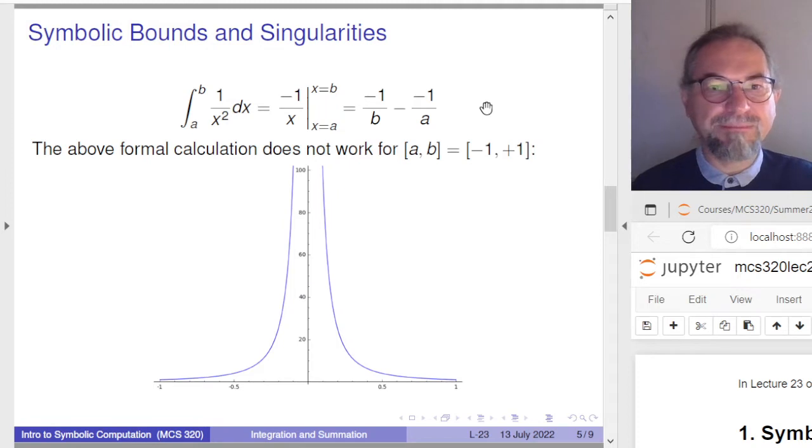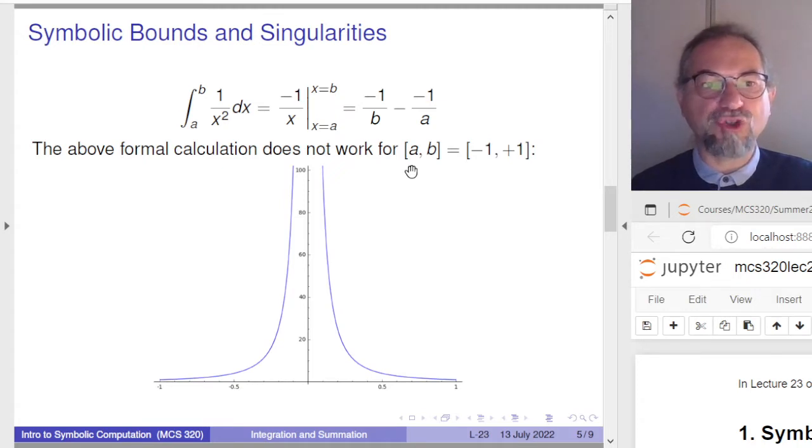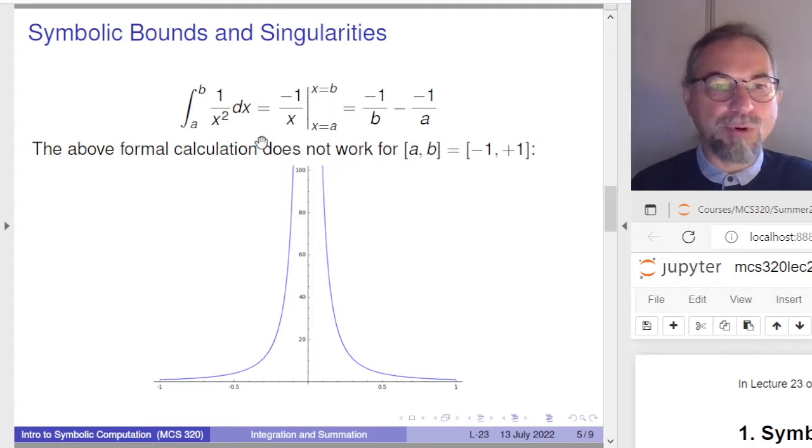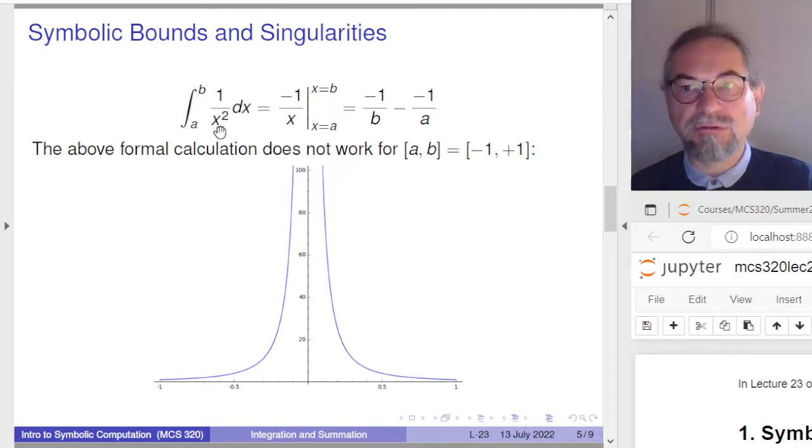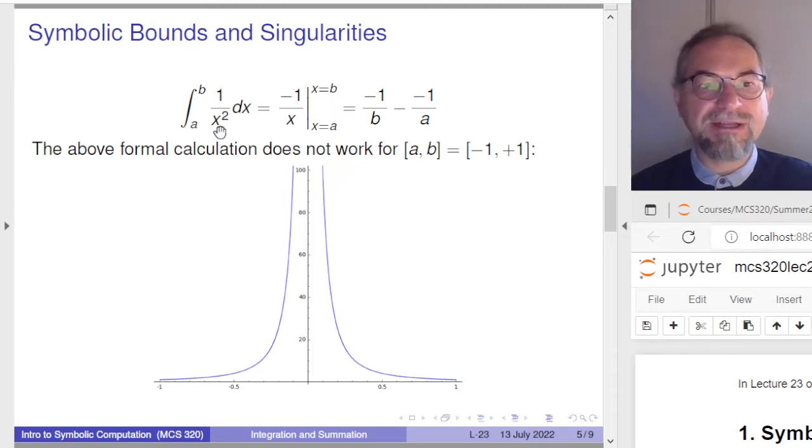However, the main point of this slide is that this result is completely wrong if the interval [a, b] contains the origin. So the symbolic antiderivative and also the original integrand is not defined at x equals 0.